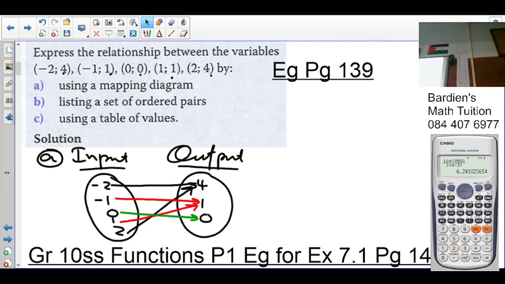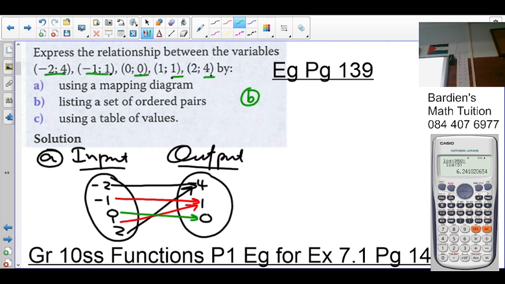Let's look at B: listing a set of ordered pairs. Now, ordered pairs you've dealt with before when we drew straight line graphs last year. These are ordered pairs.